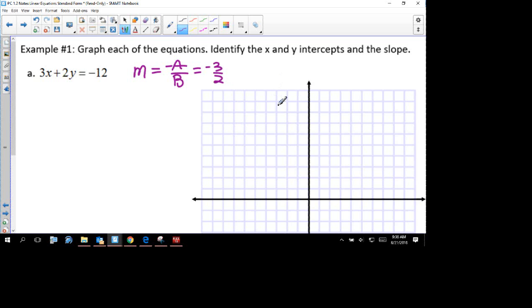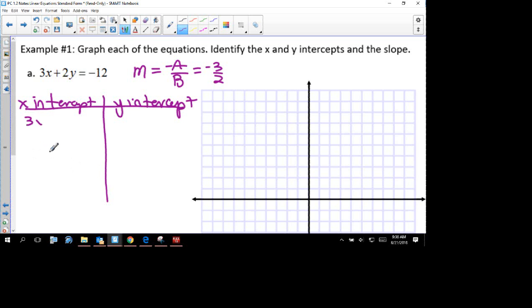I like to do it in a nice little chart. Stay organized. You're welcome to copy my chart if you like. So with the x-intercept, we plug in 0 for y so we can find x.